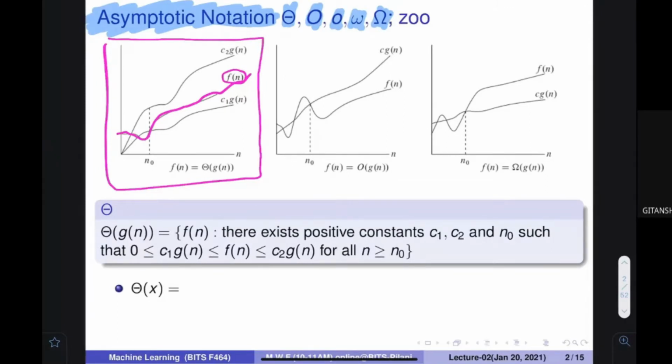It may be possible that sometimes we don't know exactly what the behavior of f(n) is. Algorithms may take different times, and even for the same size of input, if we change the instance, my machine can take a different amount of time.